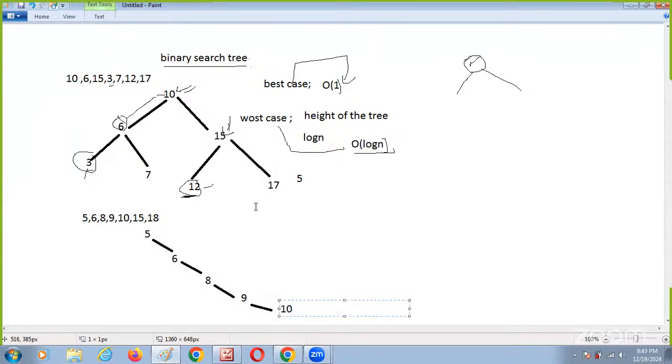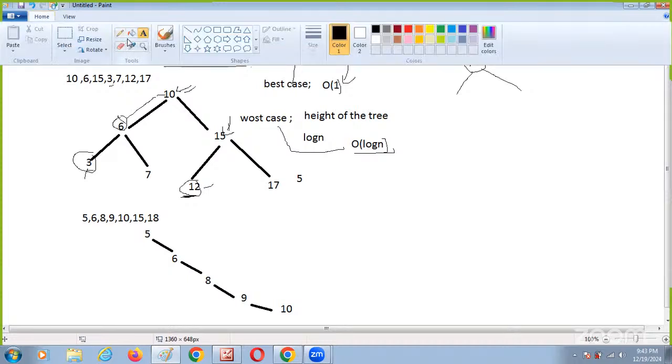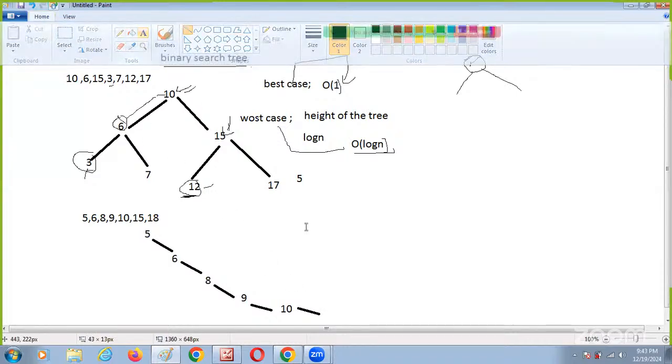Now 10 is done. Next is 15: 5, 6, 8, 9, 10, next one is 15. It should be greater than 10 only. So greater than 10, where should I place it?